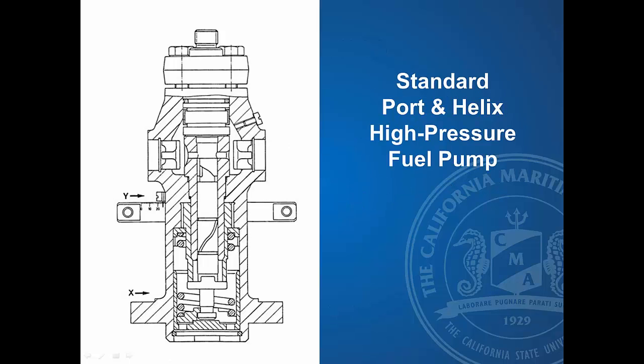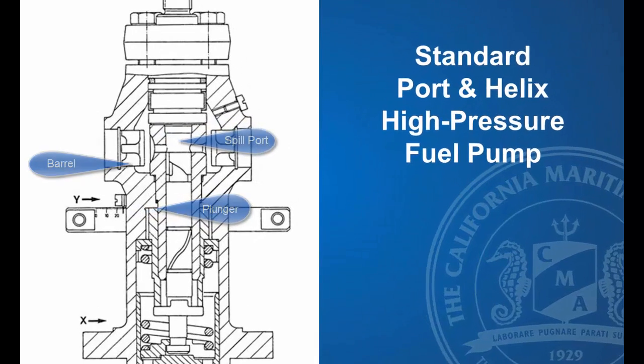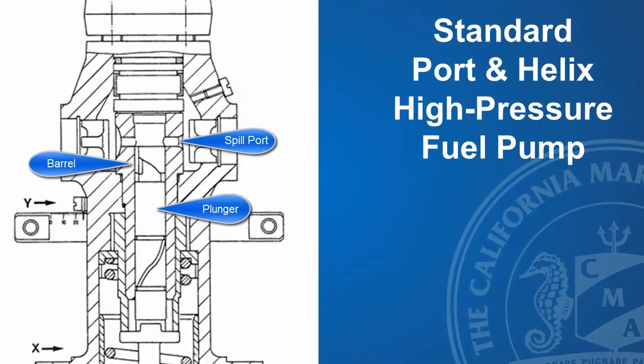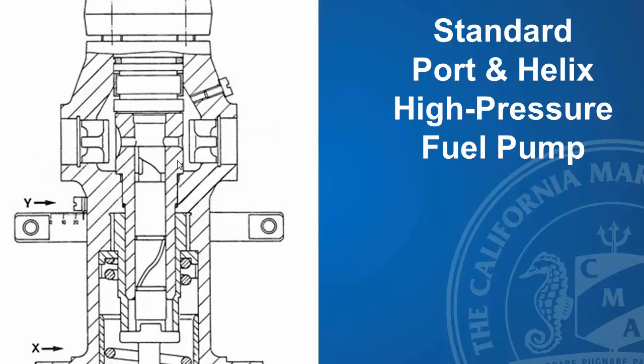So this is an illustration of a standard port and helix pump that is used on multiple engines, including both the Enterprise main propulsion on the training vessel and also on its auxiliary diesel generators. One thing about the pump that we'll talk about briefly is you have the pump barrel and the pump plunger.